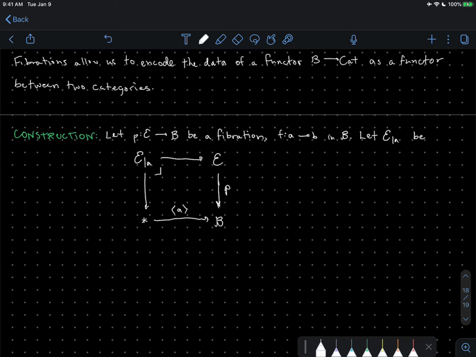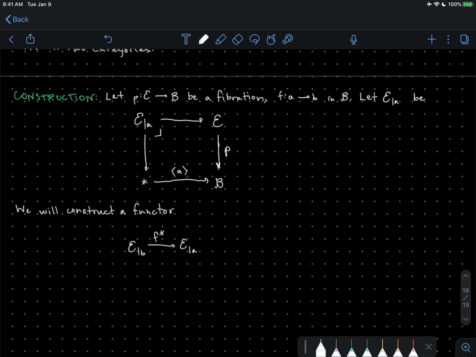Okay, so what we're going to do is we will construct a functor that I'm going to call f upper star from the fiber of E at B to the fiber of E at A as follows.